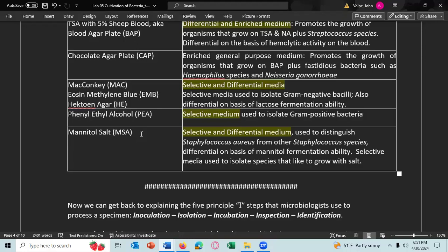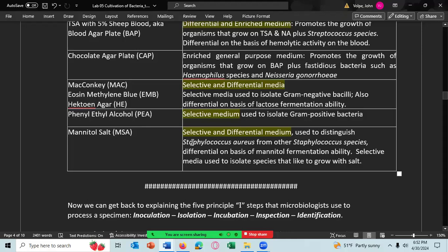And if it can't grow in 7% sodium chloride, it'll be selected against. It is also differential on the ability to ferment the sugar mannitol. If the bacteria can ferment the sugar mannitol, the bacteria and the media around it will turn yellow.